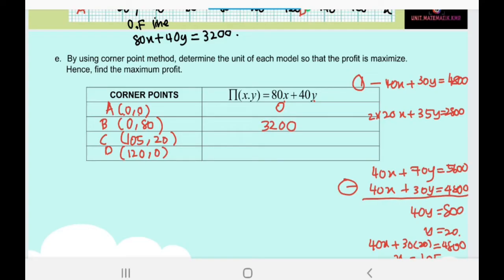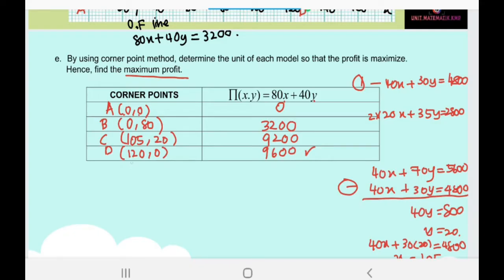And then point C, we got 9200, and D, substitute 120 into 80x here, so we multiply with 80, so you get 9600. Because the question asks you to find the maximum profit, we need to find the value that gives the maximum profit, which is 9600.